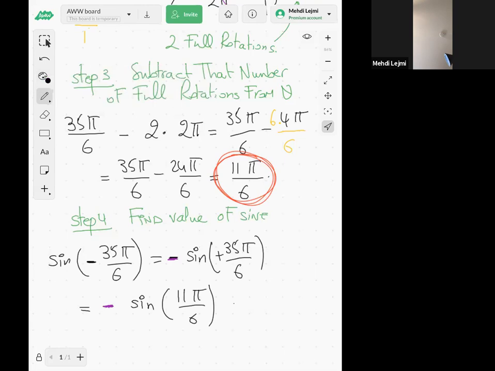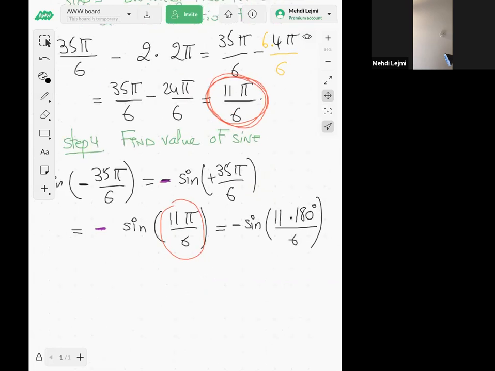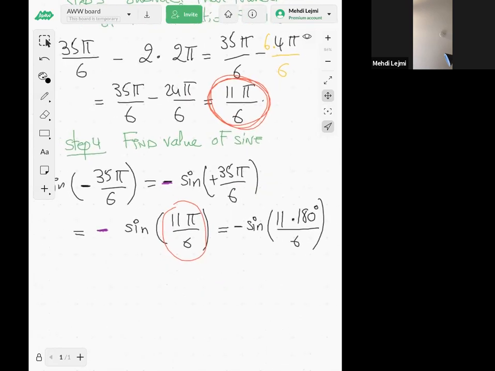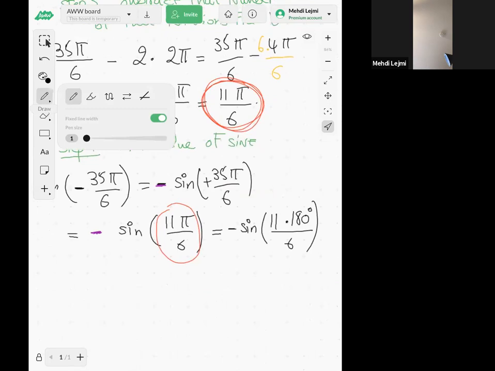Now, in which quadrant is this 11 pi over 6? Pi is 180 degrees, right? So to convert to degrees, this is minus sine of 11 times 180 over 6. 180 over 6 is 30, and 30 times 11 is 330.